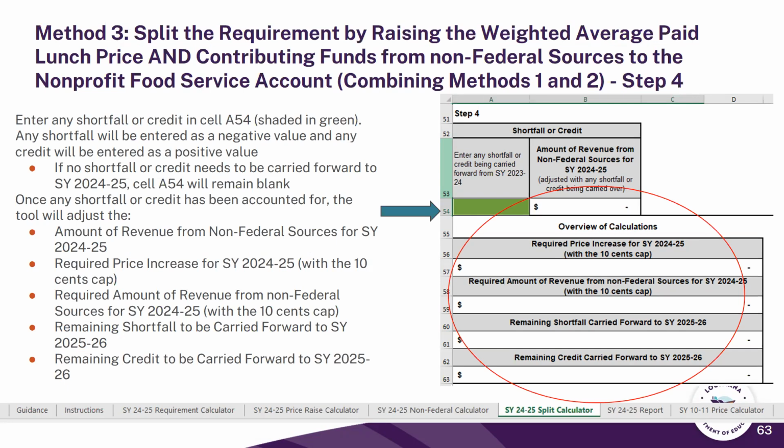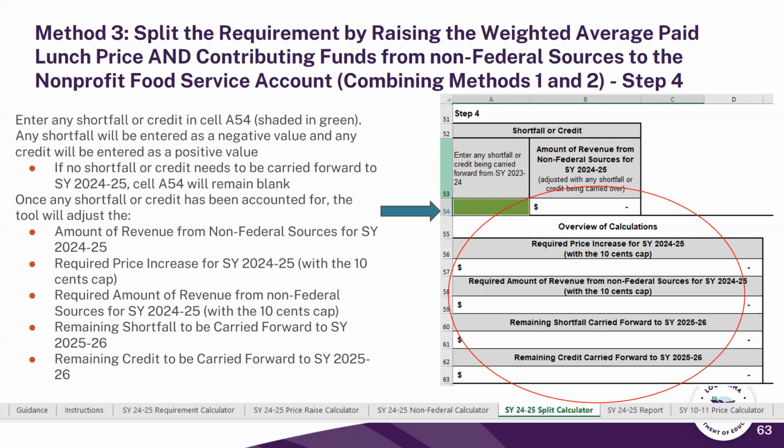Method 3, Step 4: enter your shortfall or credit in cell A54, shaded in green. Any shortfall will be entered as a negative value and any credit will be entered as a positive value. If no shortfall or credit needs to be carried forward to school year 24-25, cell A54 will remain blank.